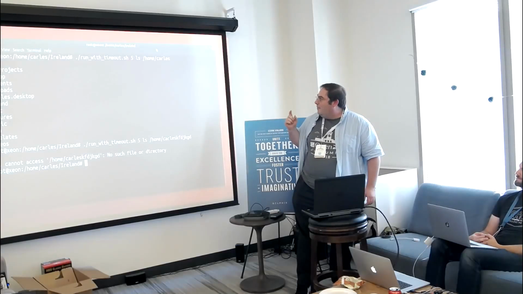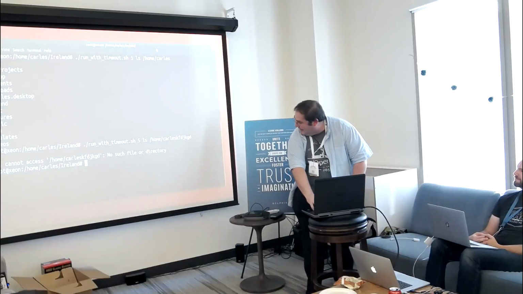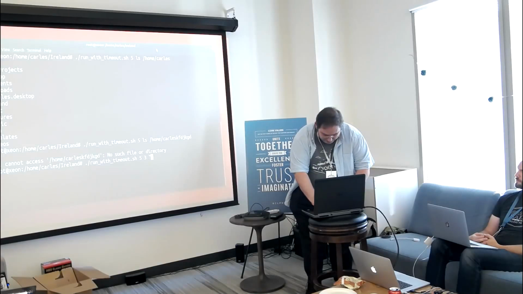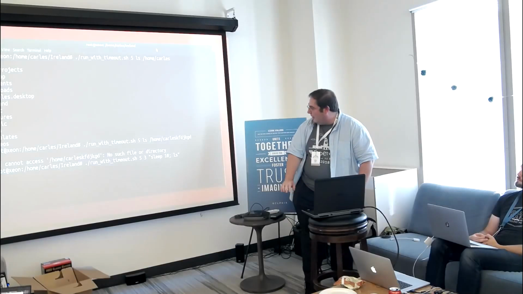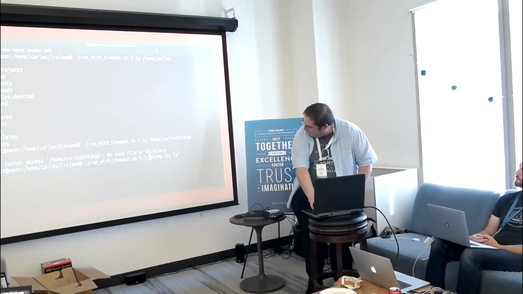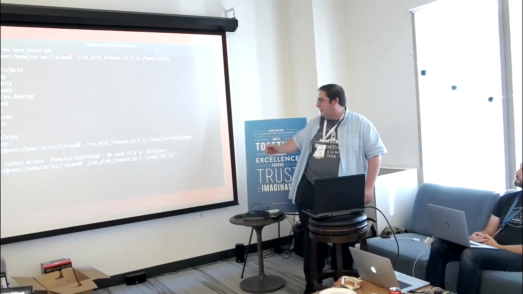So the idea is that you can launch ZDB or whatever, and you can set a long timeout. I will show with this: we sleep for 10 seconds and then we do ls. What will happen is that it will fail because it will not execute in 10 seconds.